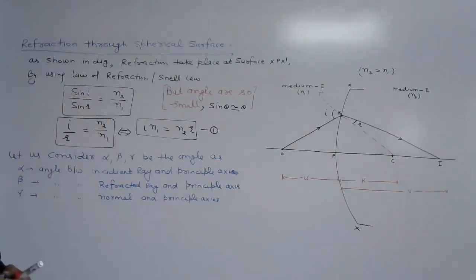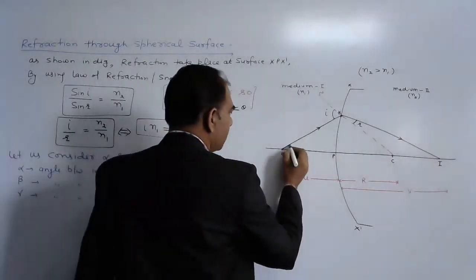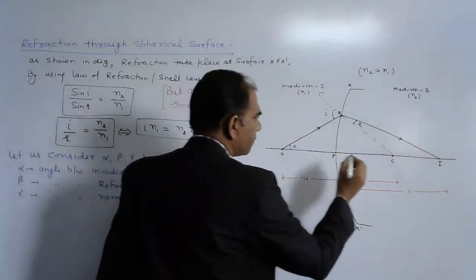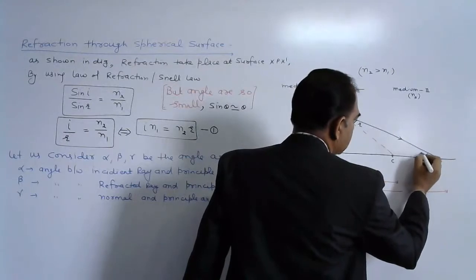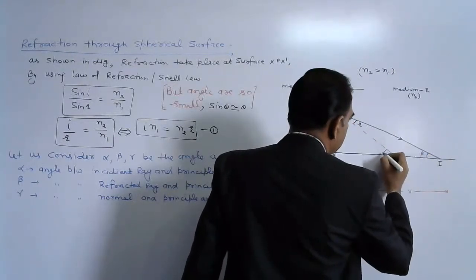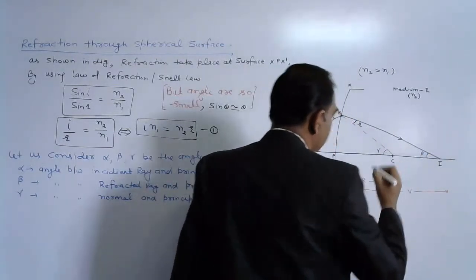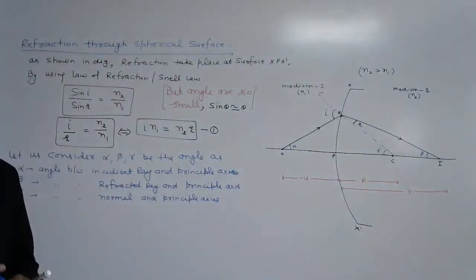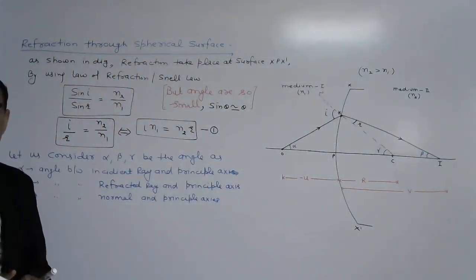We consider these three parameters: here the angle is alpha, here the angle is beta, and here the angle is gamma. Why do we need these parameters?